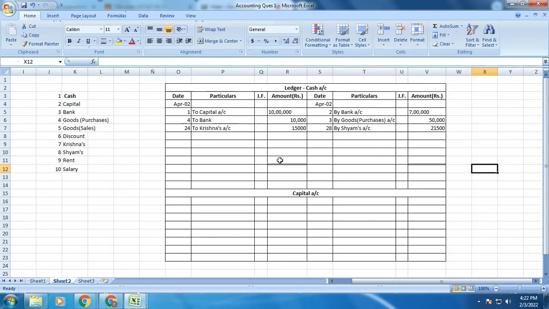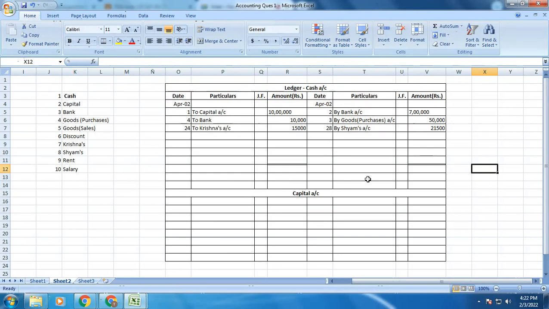Is this clear? The process will remain the same, but in these compound entries, you have to be careful which account to write in terms of the corresponding account and what amounts to record. So for whichever account's ledger you are making, you have to write the amount shown against it here. Okay?